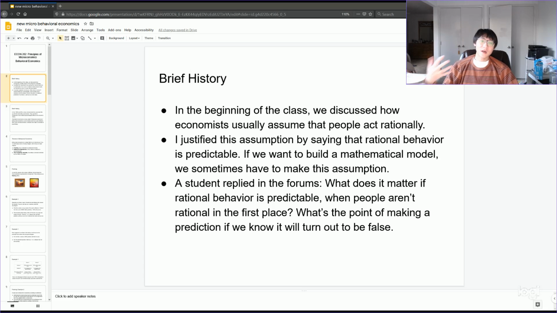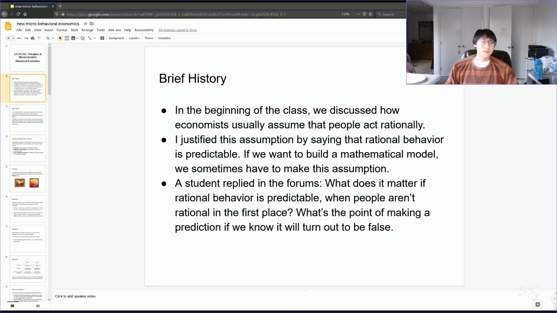And I justified this assumption by saying that rational behavior is more predictable. So if I'm playing chess against somebody and I know that they're rational, I don't have to consider every single move they could possibly make. I just need to consider some of the better moves. And so that predictability is really important for microeconomists when they're building some sort of model, usually a mathematical model, of how people or how firms behave.